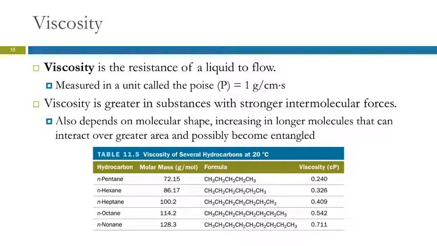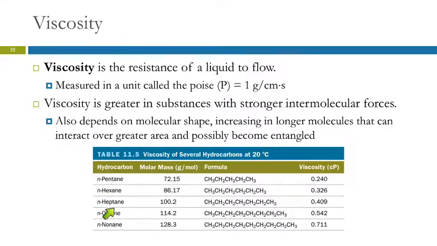So viscosity, the resistance to flow, is stronger in substances that have stronger intermolecular forces because they're more sticky, and so they can't slide past each other very much. So it's going to depend on molar mass, and polarity, and also on the shape of the molecule.